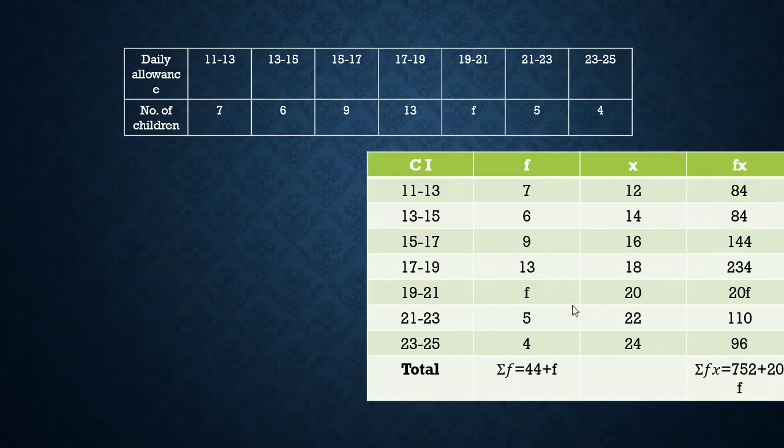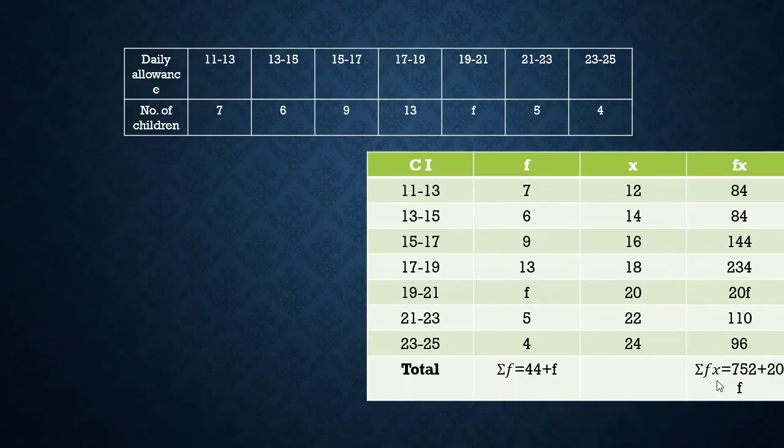Here 20 into f is 20f. Just like how we added the frequencies, the same way we will add the products f into x: 84 plus 84 plus 144 plus 234 plus 20f plus 110 plus 96. We get summation fx is equal to 752 plus 20f.